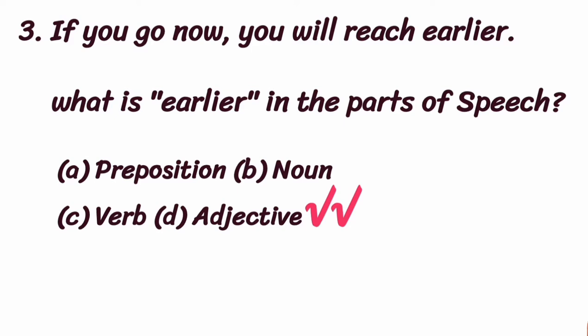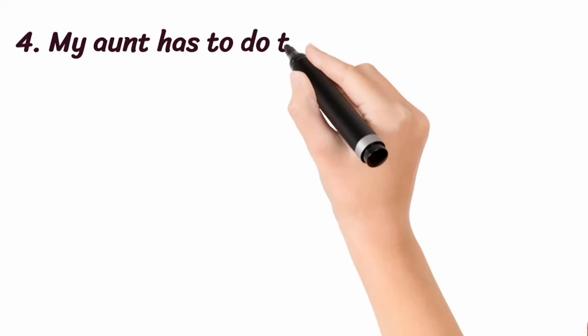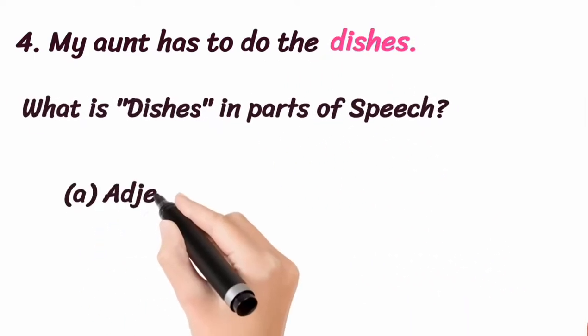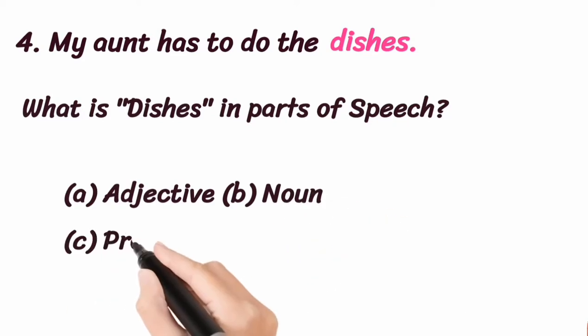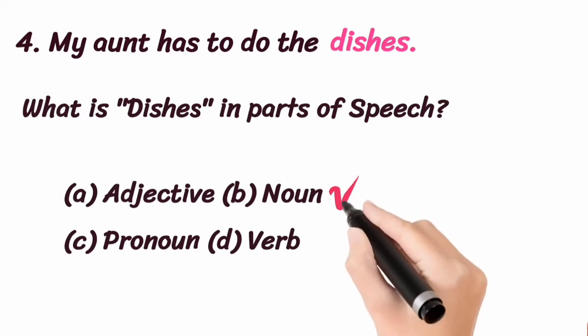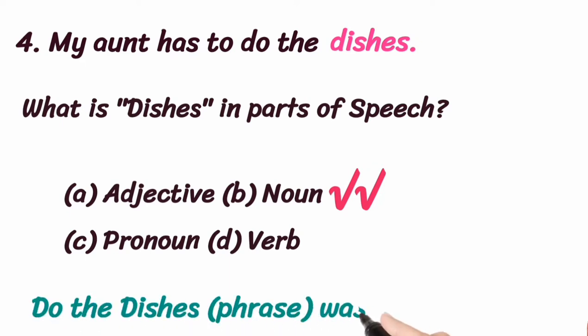Fourth question is, my aunt has to do the dishes. What is dishes in parts of speech? Adjective, noun, pronoun, or verb? Dishes is basically plural noun, so option B is correct. Noun, dishes is the noun. Here in this sentence, do the dishes is a phrase which means wash dishes.